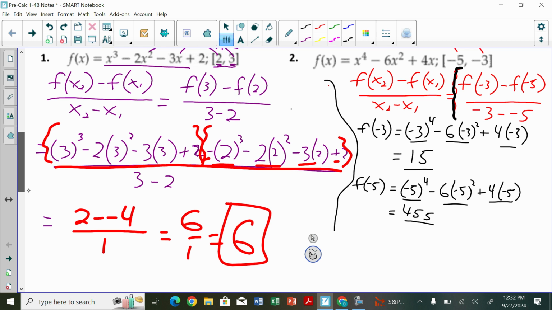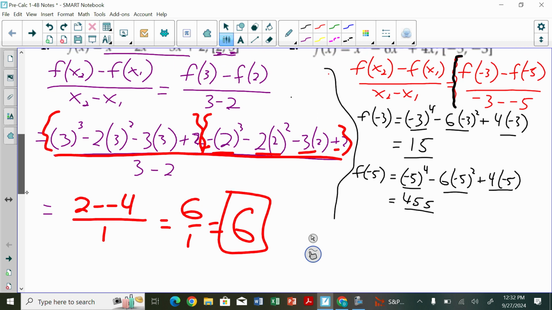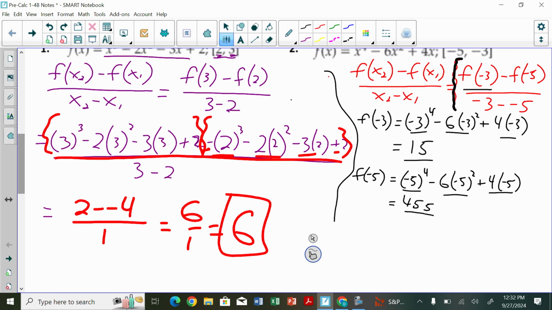So now, looking here, I've got f of minus 3 and f of minus 5. So it's going to end up being 15 minus 455, taking my f of negative 3 value and subtracting my f of negative 5 value.